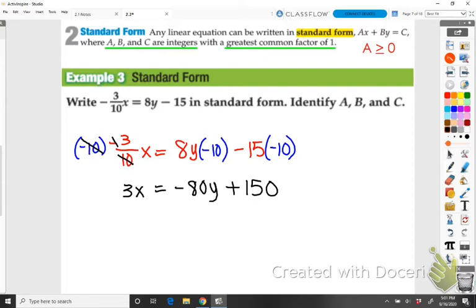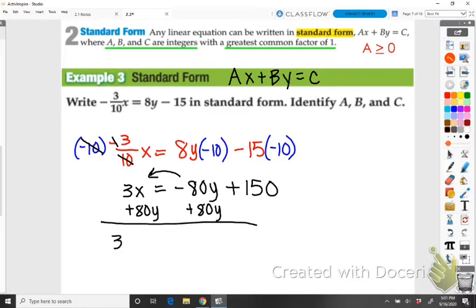If you see up at the top, remember I want it to be ax plus by equals c. So I want your x and y's on the left with just a single number on the right. So right now I have the c value, 150 on the right side, but the negative 80y needs to move to the opposite side. So we're going to add 80y to both sides.